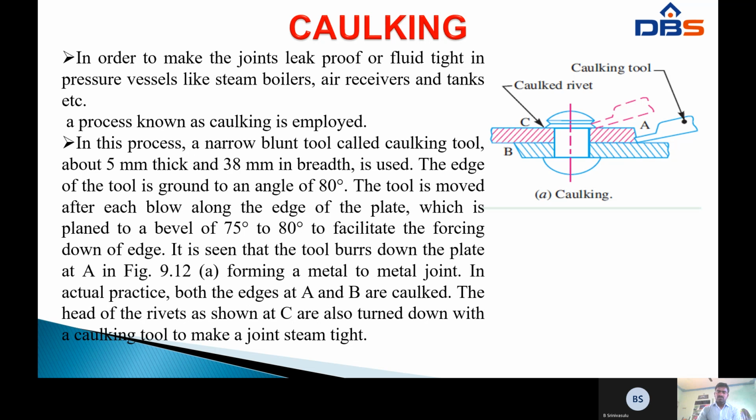In this portion there are two different mating parts, the caulking rivet and the caulking tool. To make a leak-proof or fluid-tight joint, a process known as caulking is employed. In this process, a narrow blunt tool called a caulking tool, about 5 mm thick and 38 mm in breadth, is used.